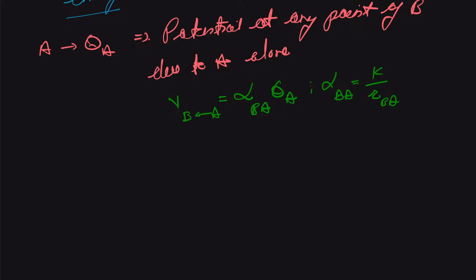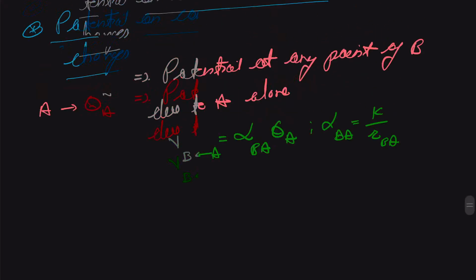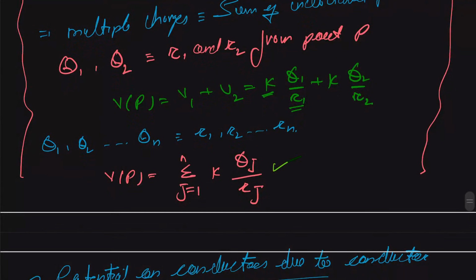And now we come to the case with all the spheres charged. The potential at A will be equal to the sum of the contributions from each, which is a basic principle. We just found that it is a summation of the individual potentials. Like for two charges, if the potential at point P is Vp, then it is the potential due to charge Q1 plus the potential due to charge Q2.